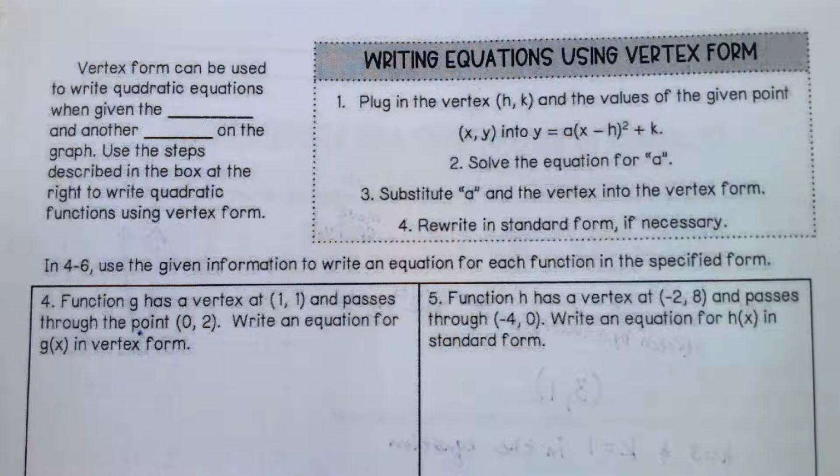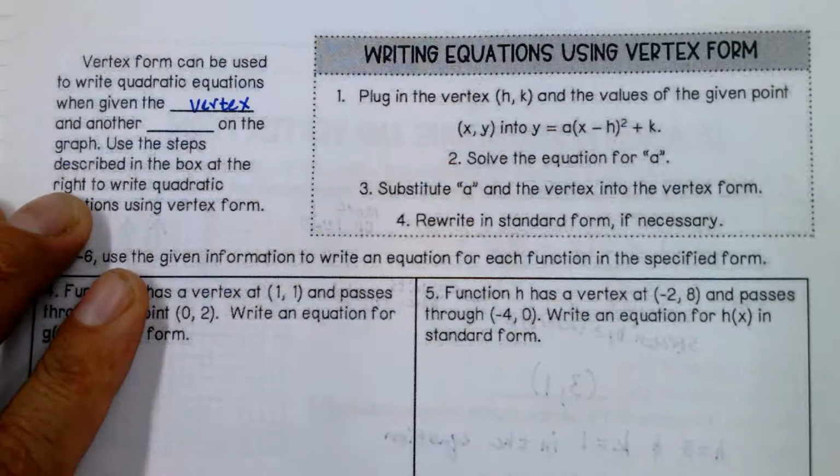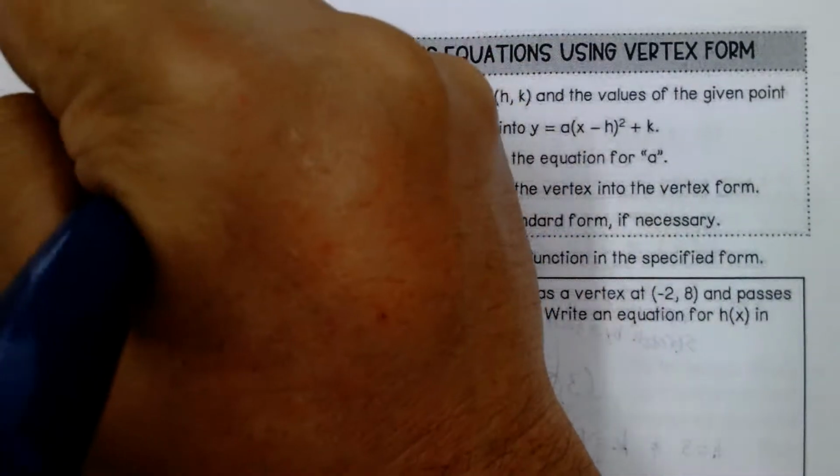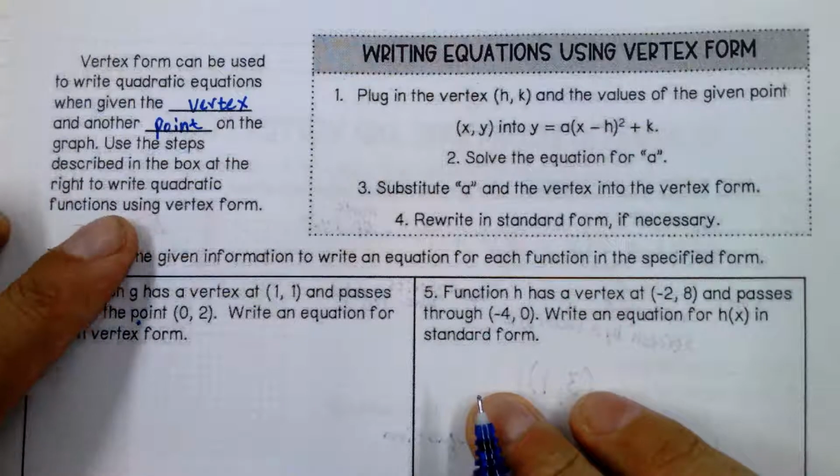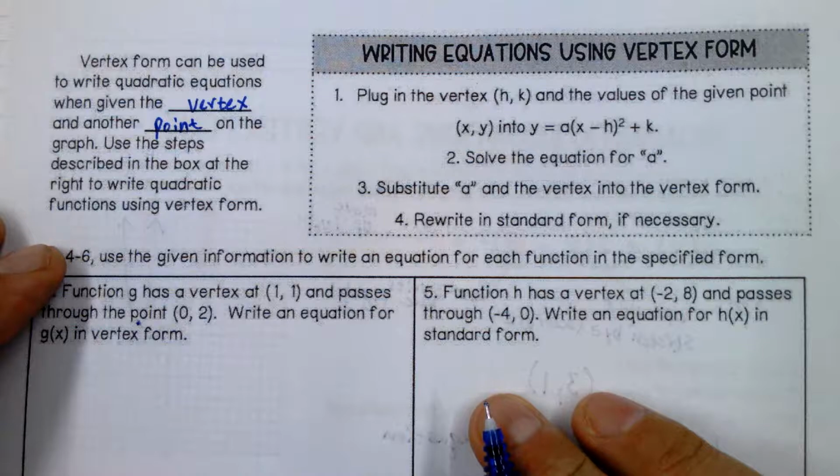So a vertex form equation can be used to write a quadratic equation when you're given the vertex and another point on the graph. Use the steps described in the box so we can do this.